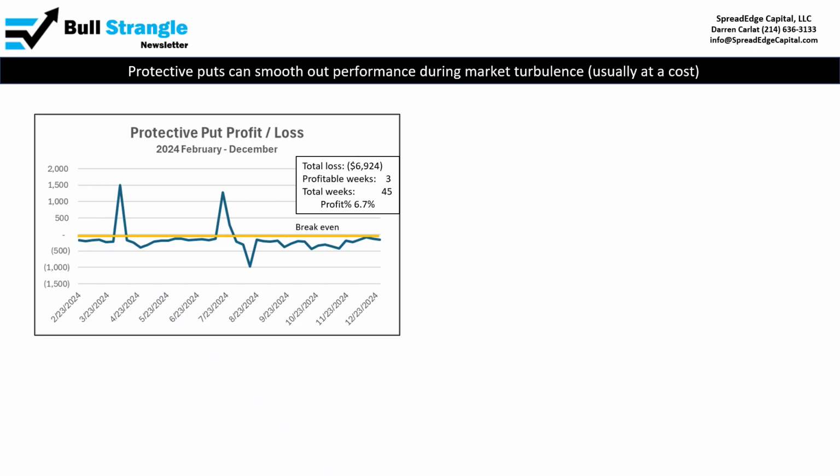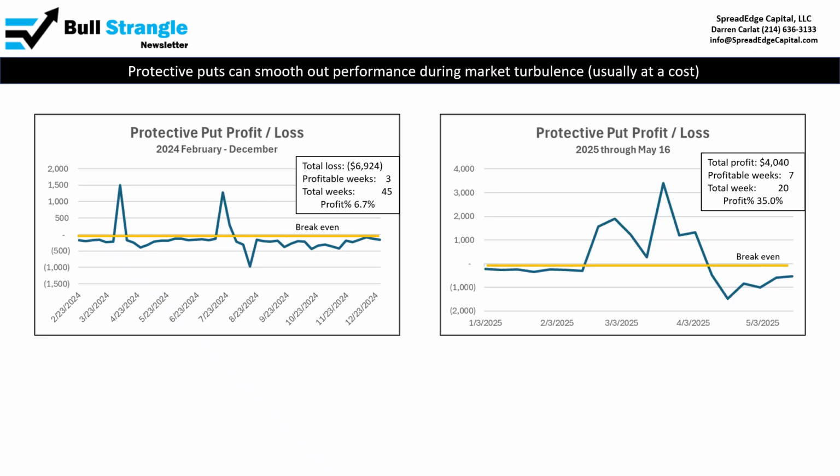On the right side is basically all of 2025 through May the 16th. Now, if you'll recall, we had a pretty significant sell-off in April and the first part of May. And so this actually was profitable for those 20 weeks.